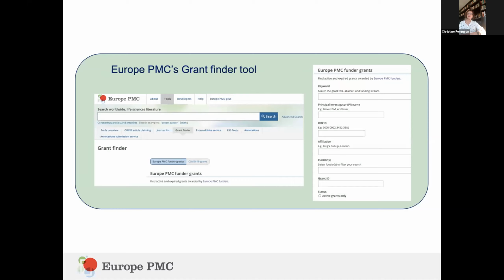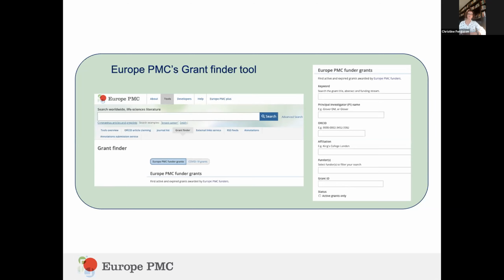The Grant Finder, as you can see here, is a tool that can be found on Europe PMC's website. It is the site that will provide the landing pages for grant DOI redirection. It has one section for Europe PMC funder grants on the left. On the panel on the right, you can see there's the ability to search by different fields.